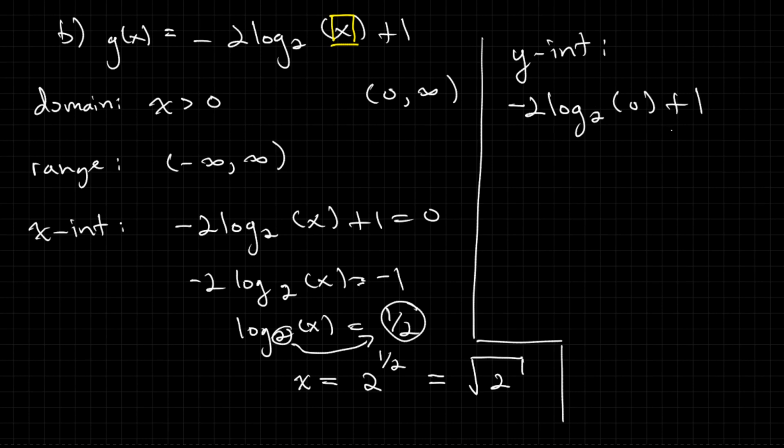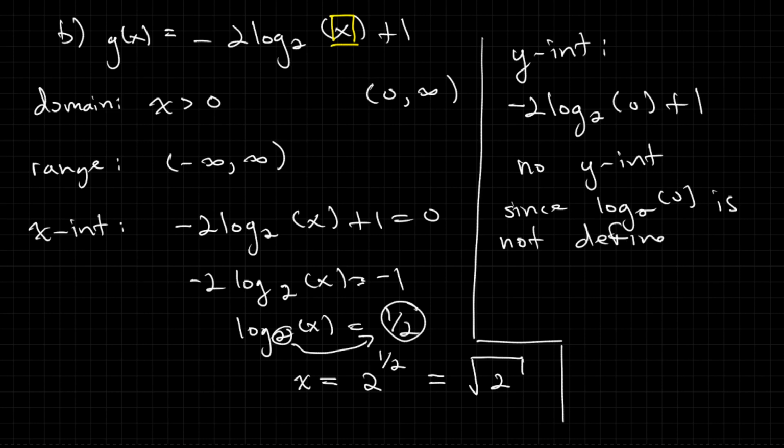And if you come across this situation, we simply say that the y-intercept does not exist, or equivalently, there is no y-intercept. And again, that's since log base 2 of 0 is not defined. We'll see why this is true, the fact that there's no y-intercept, in a moment when we graph these two functions.